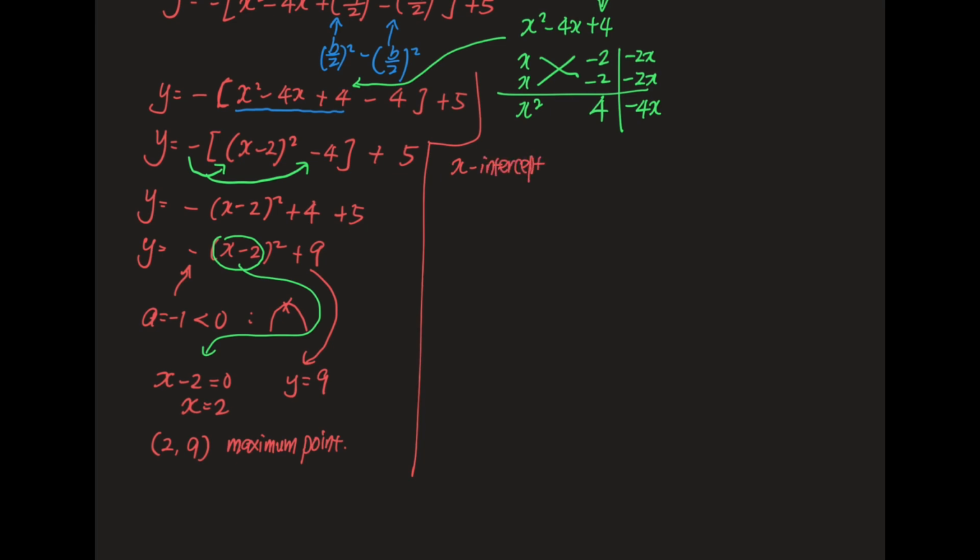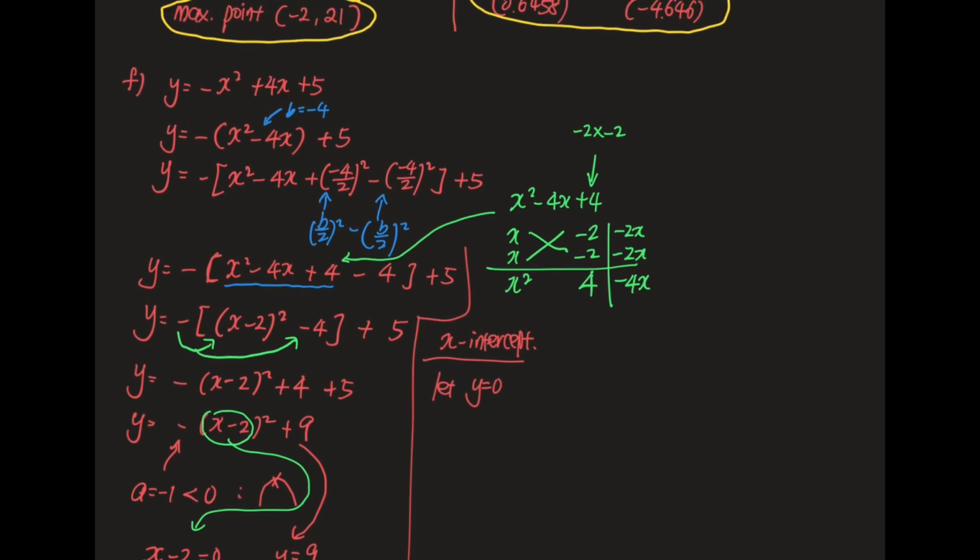Now the second step, we have to find out the x-intercept. So we let y equal to 0. Meaning that we substitute y equal to 0 into here. Then we find the x.